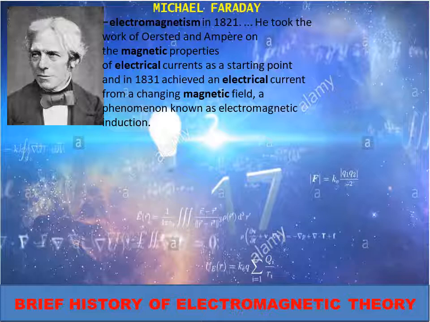He took the work of Ørsted and Ampere, the ideas of Ørsted and Ampere on the magnetic properties of electrical currents, as a starting point. And in 1831, after 10 years, he achieved an electrical current from a changing magnetic field, a phenomenon known as electromagnetic induction.